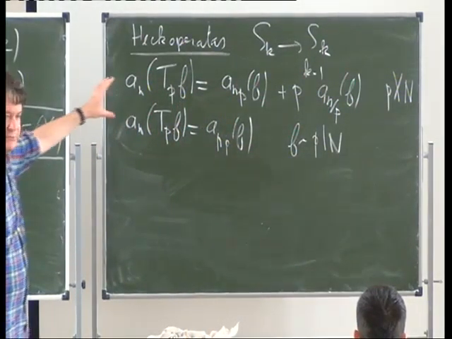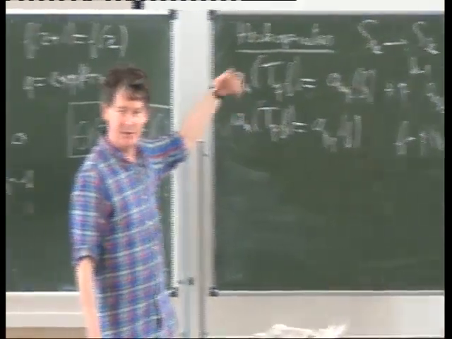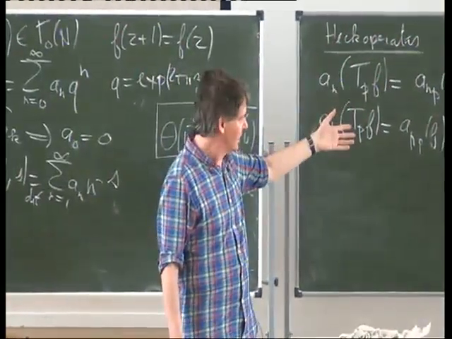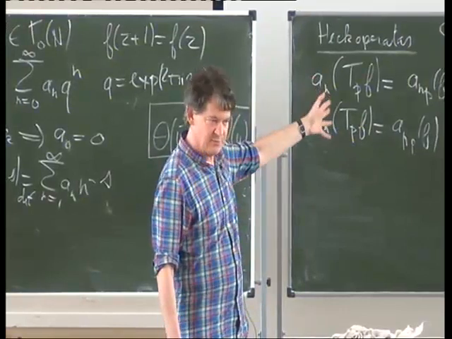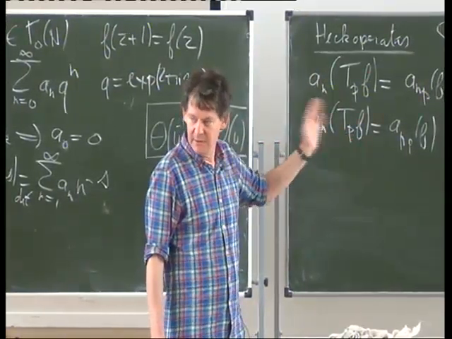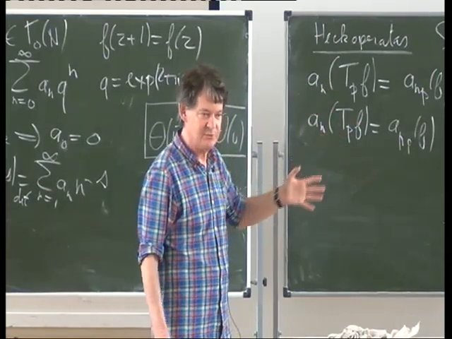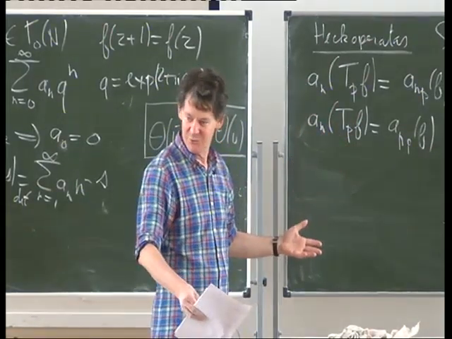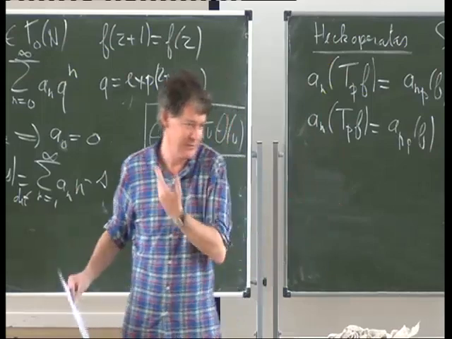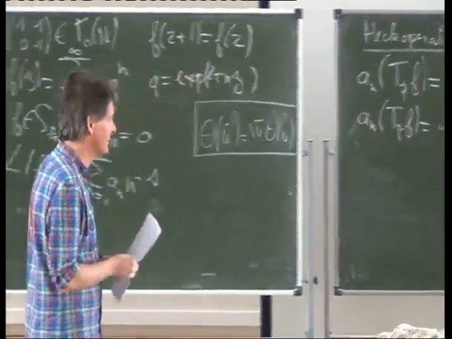Otherwise, if you have this definition, then it's a tedious computation to check that this transforms a modular form of weight k into a modular form of weight k. It's a bit tedious because you don't see why this is true, but it's true. It works. It's an easy computation.